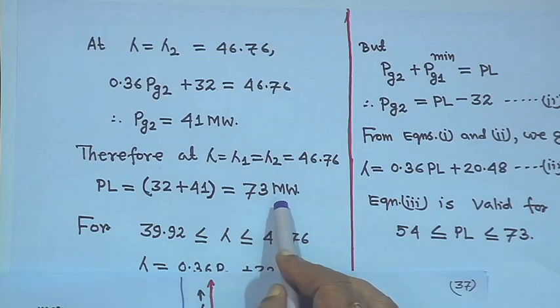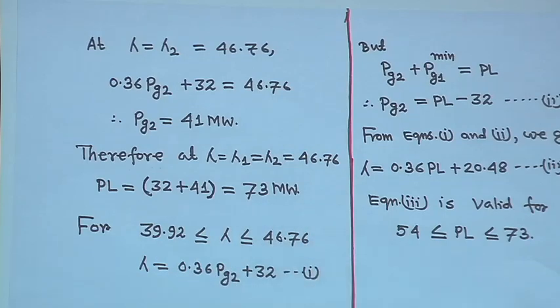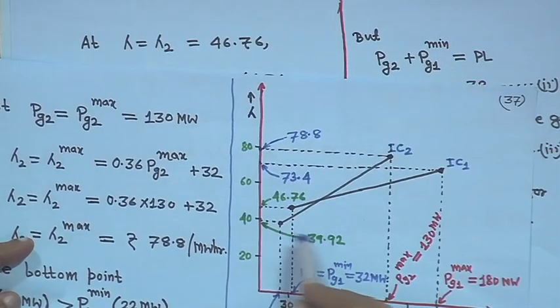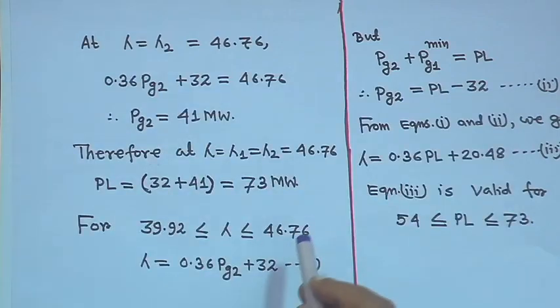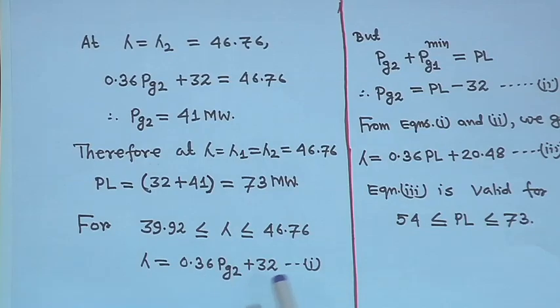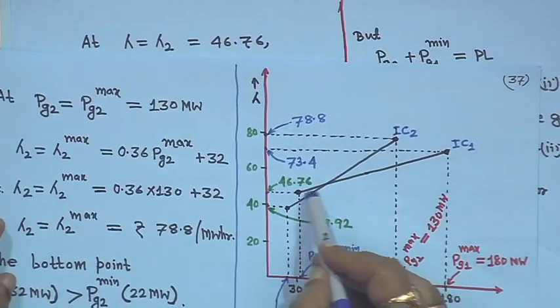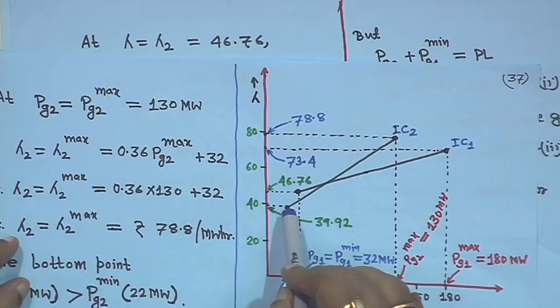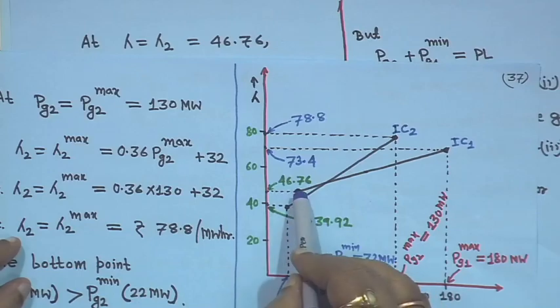that is 73 megawatt. That means for lambda greater than or equal to 39.92, this value, and less than or equal to 46.76, lambda is equal to 0.36 Pg2 plus 32, because unless and until it comes to this lambda 2, if you increase this one, it is not coming up to this.